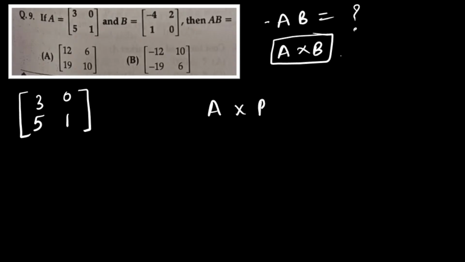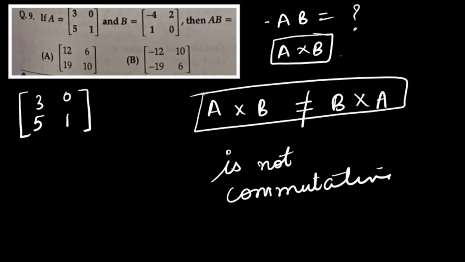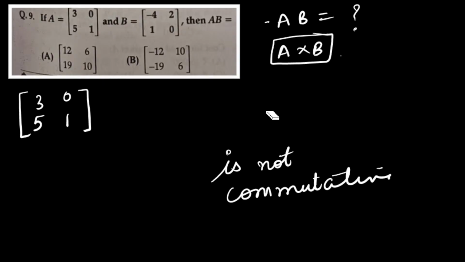Because in the case of matrices, A into B is not equal to B into A. Matrix multiplication is not commutative. Normal multiplication is commutative: 2 into 3 is 6 and 3 into 2 is also 6. But in the case of matrices, this is not true. So you have to understand this.